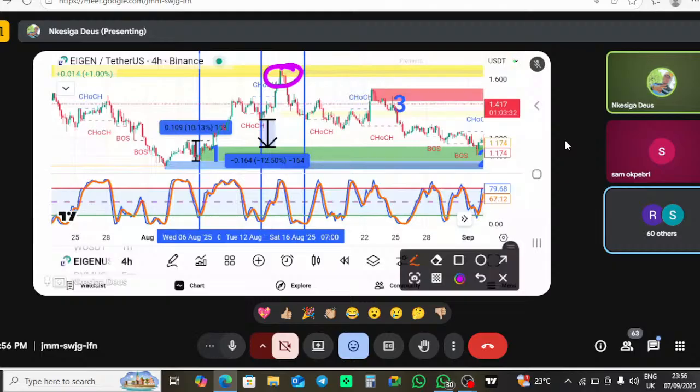The market has supplied, and it is high time to drop. Are we together? It is high time for the market to do what? To drop. Whenever we test this yellow and red block that you are seeing, the market will always drop. Market will always do what? Drop.